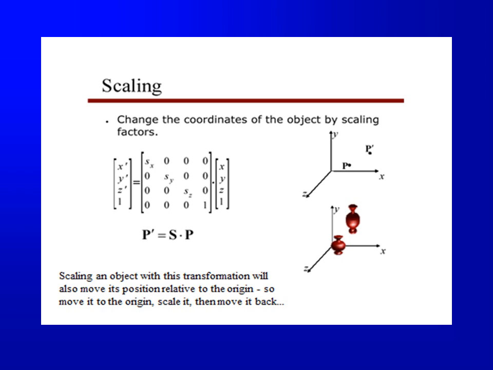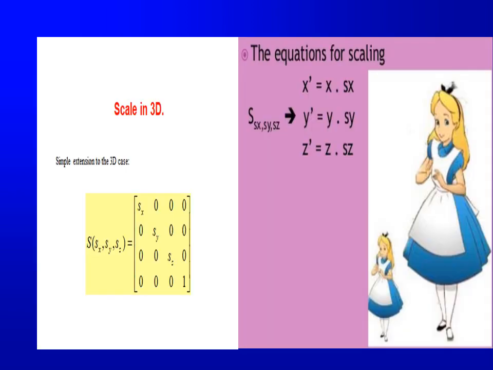Okay, so for solving any problem of scaling you have to use this matrix. So basically by multiplying these two matrices, we get equations like x dash is equal to x dot sx, y dash is equal to y dot sy and z dash is equal to z dot sz.